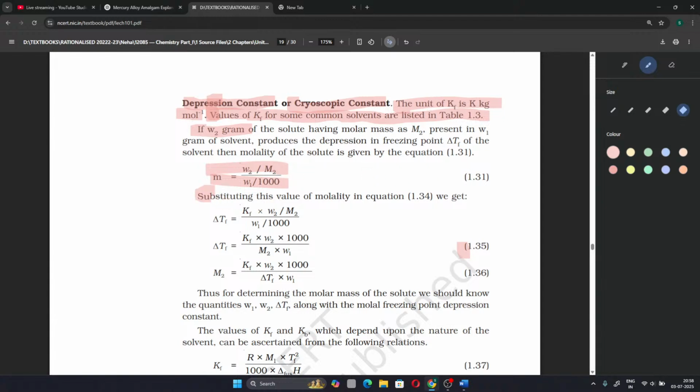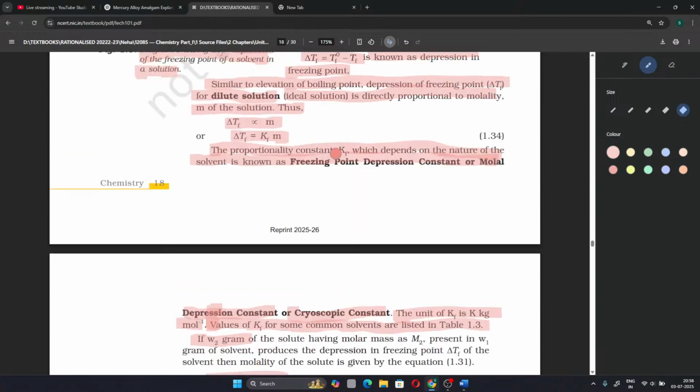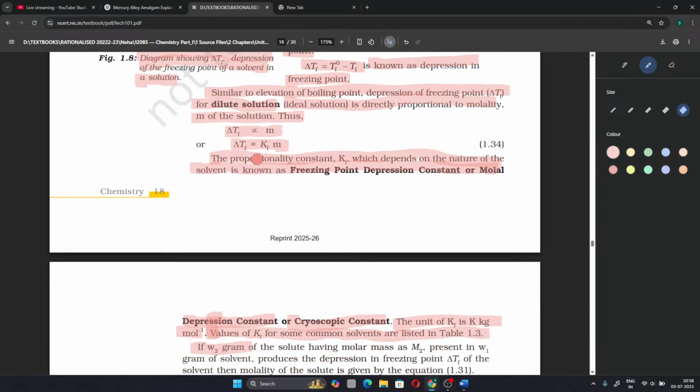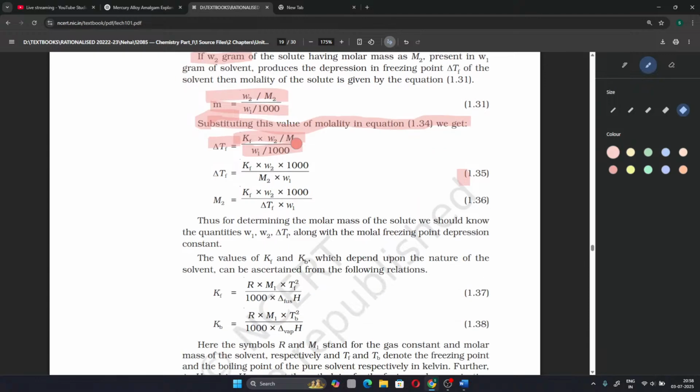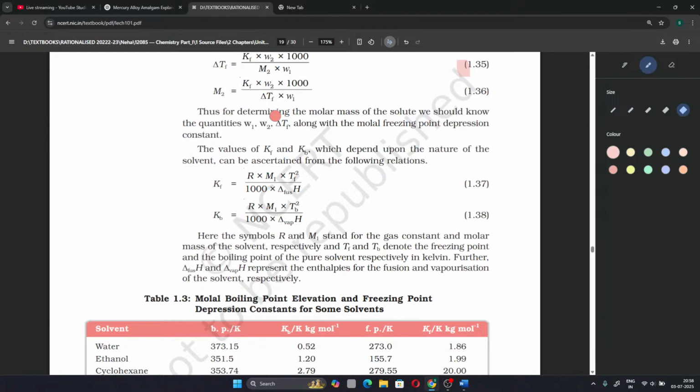Substituting this value of molality in the equation, we get delta Tf: delta Tf is directly proportional to molality, and introducing the proportionality constant, the cryoscopic constant, we get this equation. The 1000 is there because we are substituting masses in grams. This is the final equation for the change, and when we want to find the molar mass of the non-volatile solute, we get this equation.